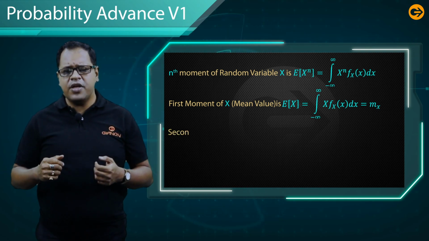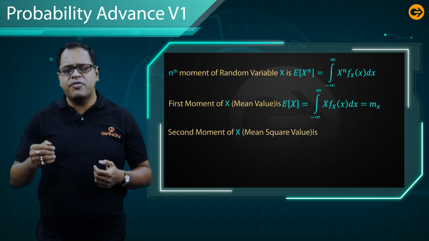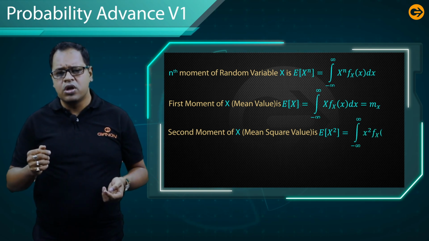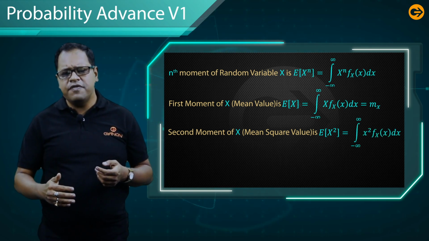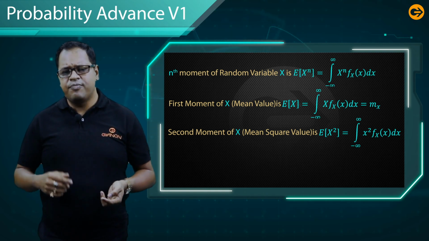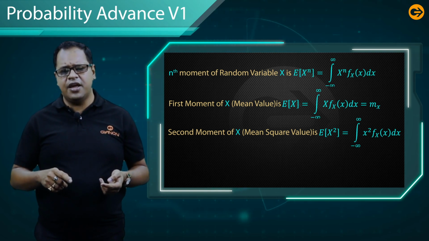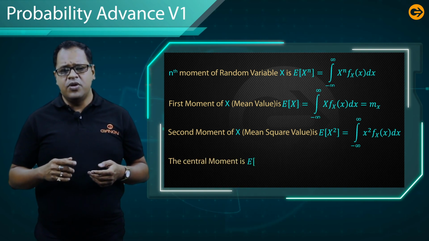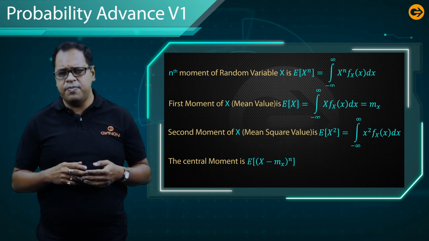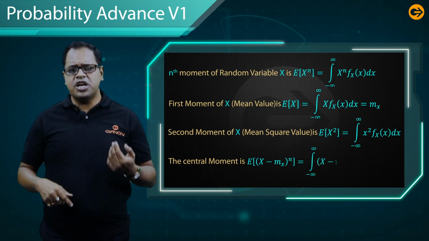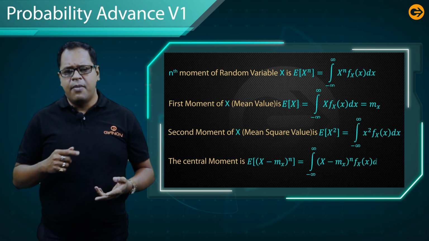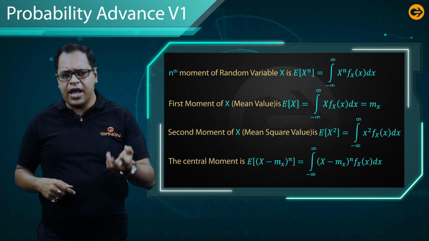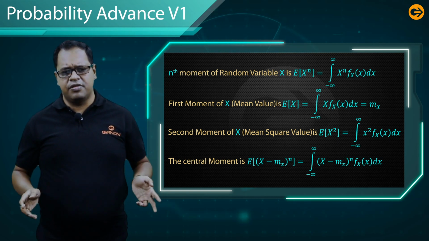The second moment of X, which is known as the mean square value, is E[X^2]. In this case n is equal to 2, which is the integration from minus infinity to infinity of x^2 f_X(x) dx. The central moment is E[(X - m_X)^n], which is equal to the integration from minus infinity to infinity of (x - m_X)^n f_X(x) dx.